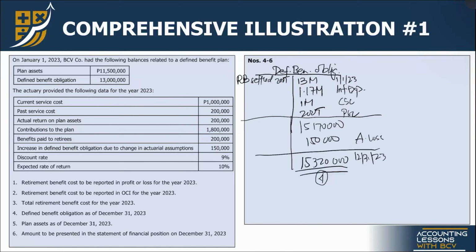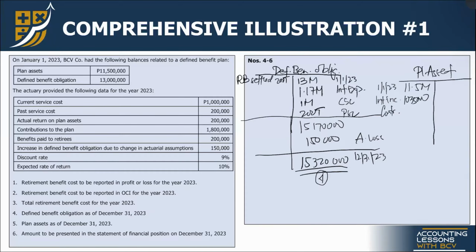Part 2. Plan assets naman. Plan asset. This time, debit side siya dahil asset. Magkano balanse niya ng simula? 11.5 million. Second component, interest income. Magkano nga ulit yun? 1,035,000. Third component, contributions.